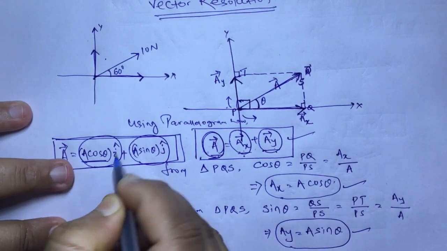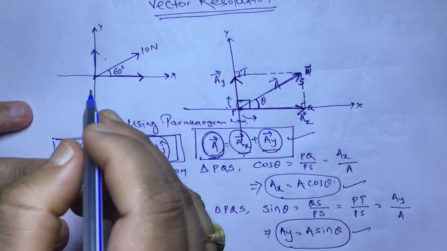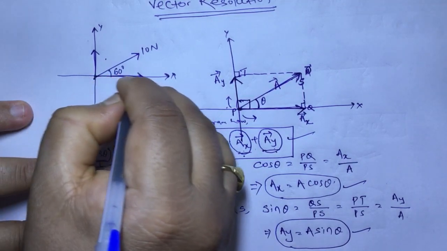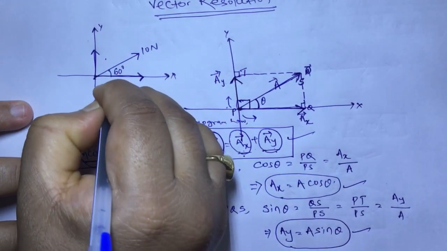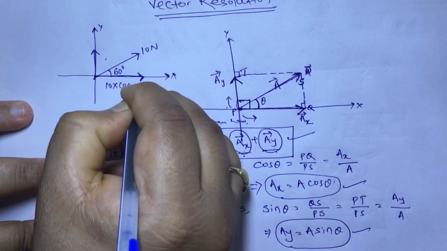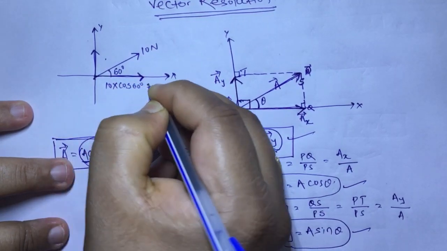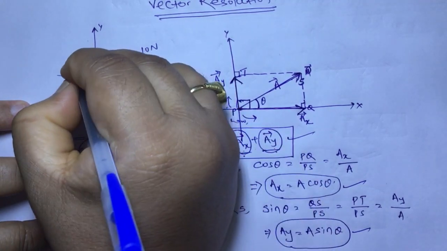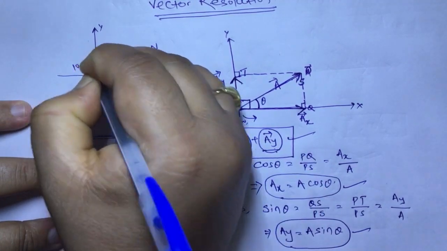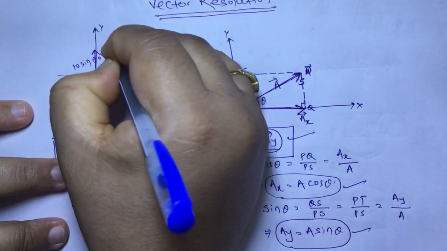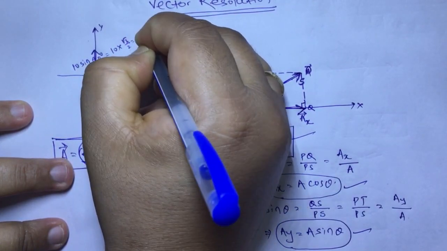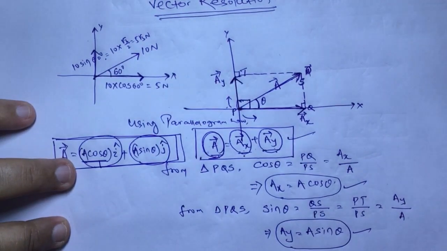A cos theta. I cap is the direction, that is why I have given this direction, but the magnitude will be a cos theta. So this value will be, a is 10 here, 10 into cos 60 degrees, which equals 10 into half, that is 5 Newton, and it will be 10 into sin 60 degrees, that is 10 into root 3 by 2, which equals 5 root 3 Newton.